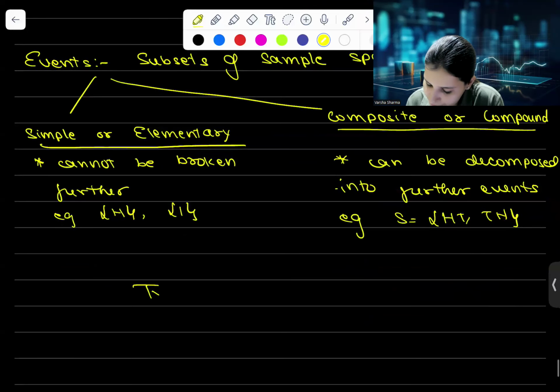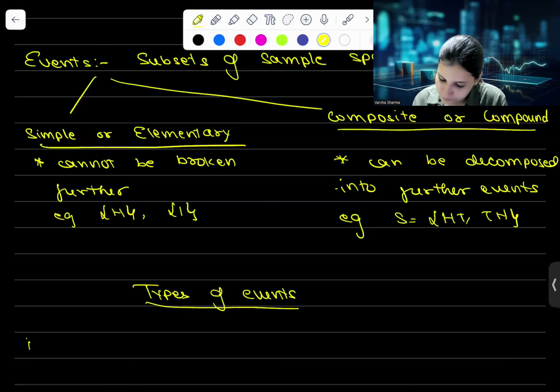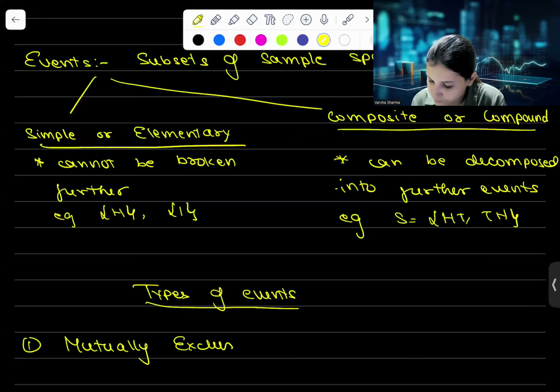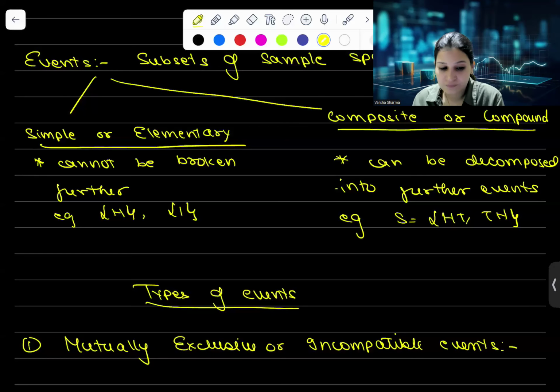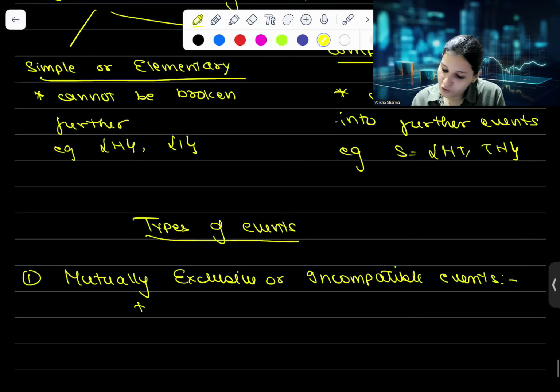Again, types of events. First, mutually exclusive or incompatible events. What were these? They can't occur at the same time, they cannot occur simultaneously.